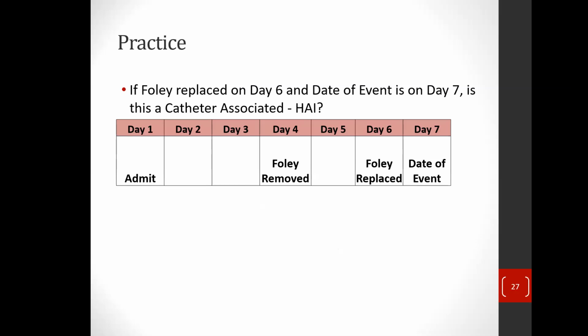Day 1, it was placed, removed on the 4th, out the whole calendar day of the 5th. Day 6, it was replaced. The date of event is 7. So there was 1 full calendar day that it was out, so this would not be able to be catheter associated. That's why mapping these things out really will help you in using definitions correctly.